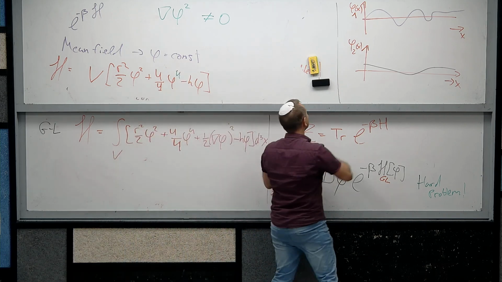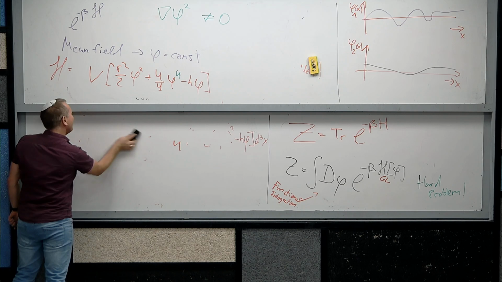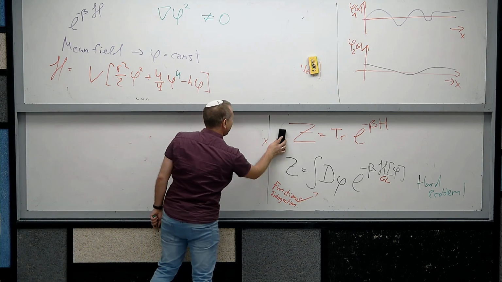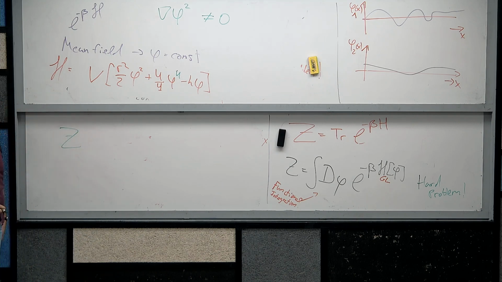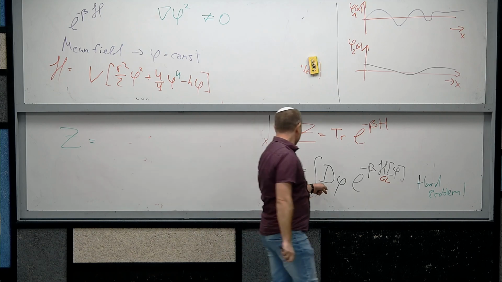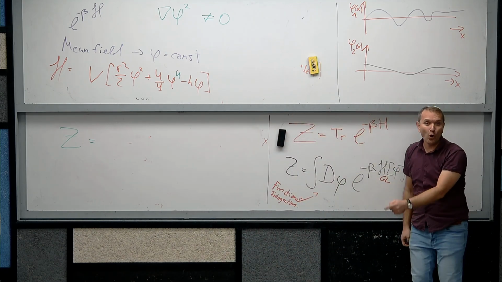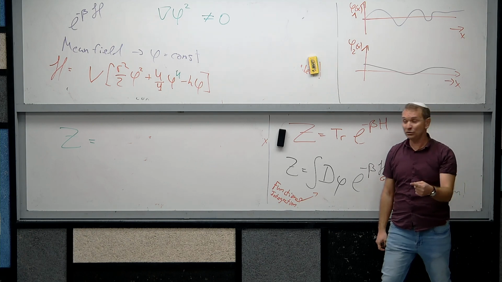And now I'm reaching the goal of my lecture. The goal of my lecture is that this partition function, this functional integral, covers all the possible values of phi, which is from minus infinity to infinity, right?